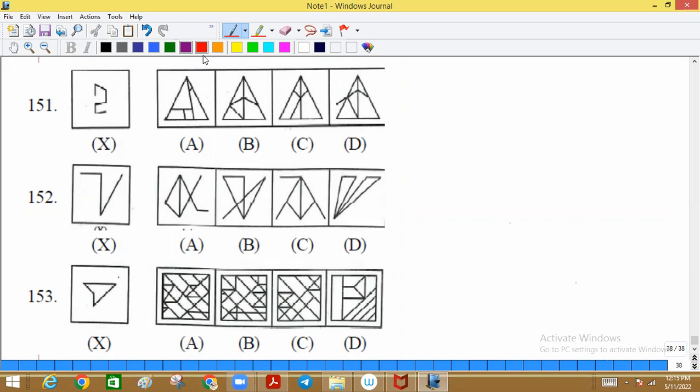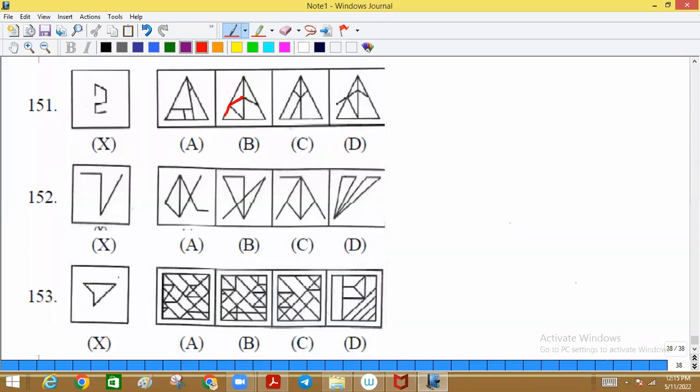Where? On which side you're expecting? Here, huh? Sorry, here, huh? Where? This line? Okay, upper. Then this one, no?